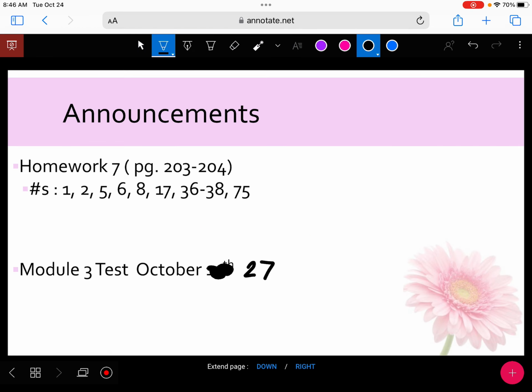Okay, I'm going to hand out the last homework for the chapter, and it's nonlinear systems. There are 4. Okay. Tomorrow I will have the review for you guys for the quiz that is on Friday. Friday's quiz is Friday. Okay?